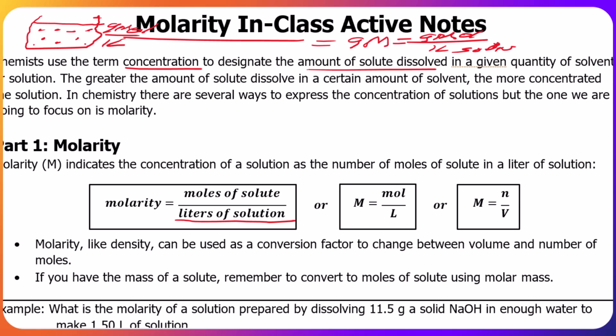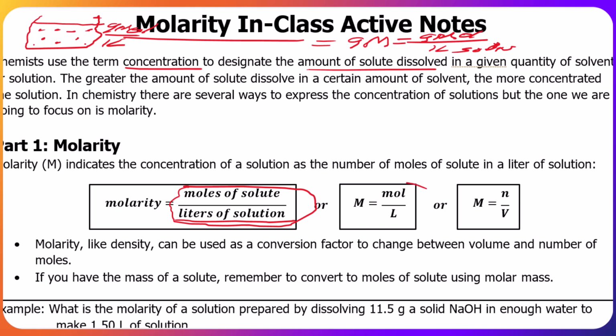Molarity is moles of solute divided by liters of solution. You need to remember this because we can use it as a conversion factor. If we have volume, we can convert to moles using this. If we have moles, we can convert to volume using the molarity.